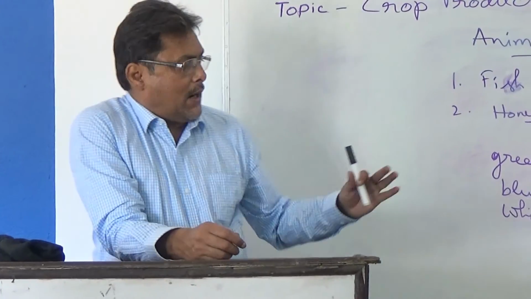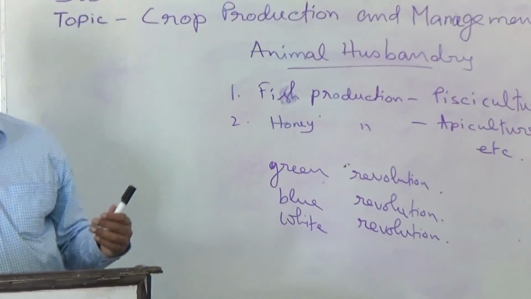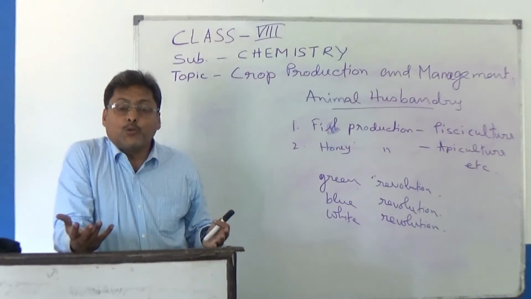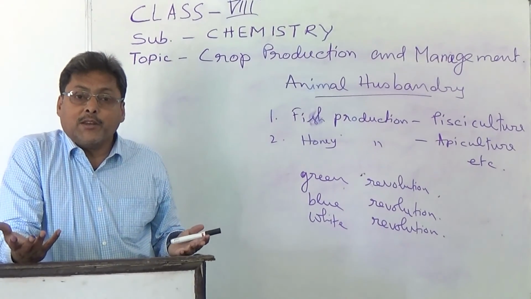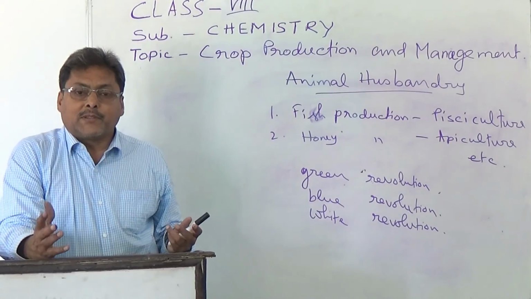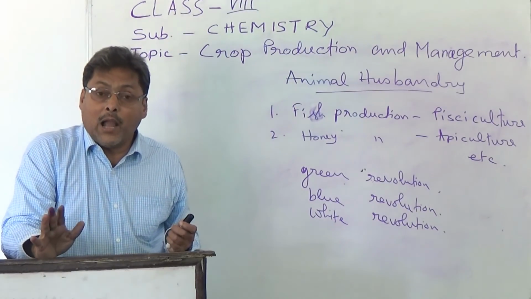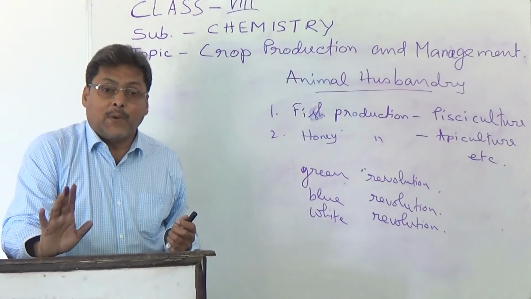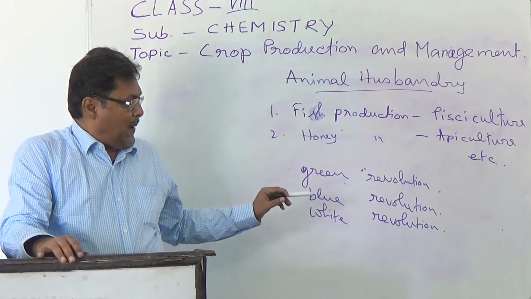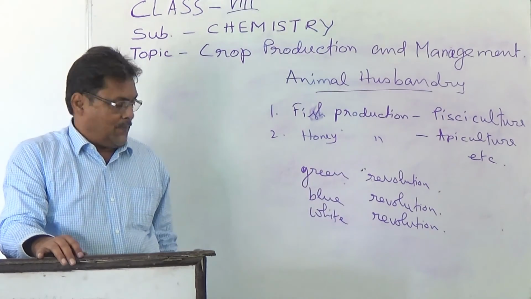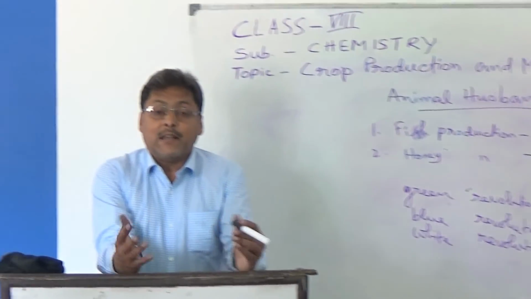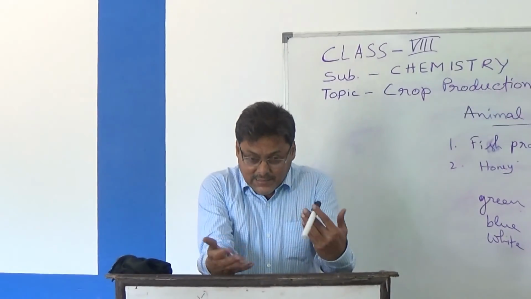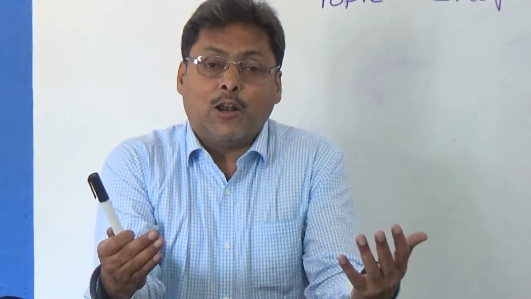Actually, when our country became sufficient in agriculture, we produced so many food grains that we became self-sufficient. We need not any other country's help in that department. We call that massive production the Green Revolution. In the same way, our country is now sufficient in milk production, and this change is in the scale of production.